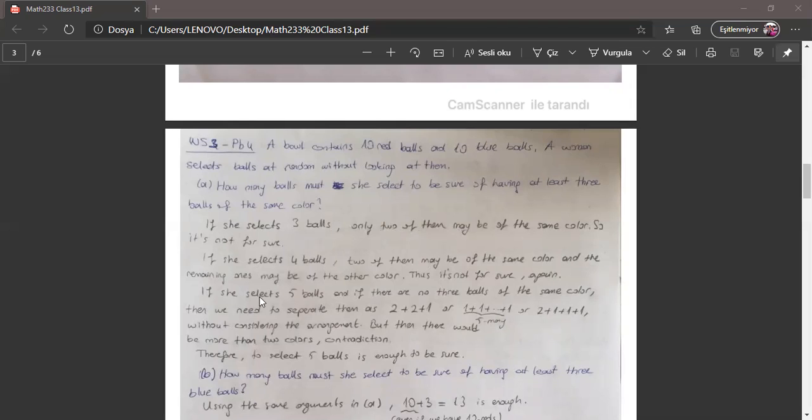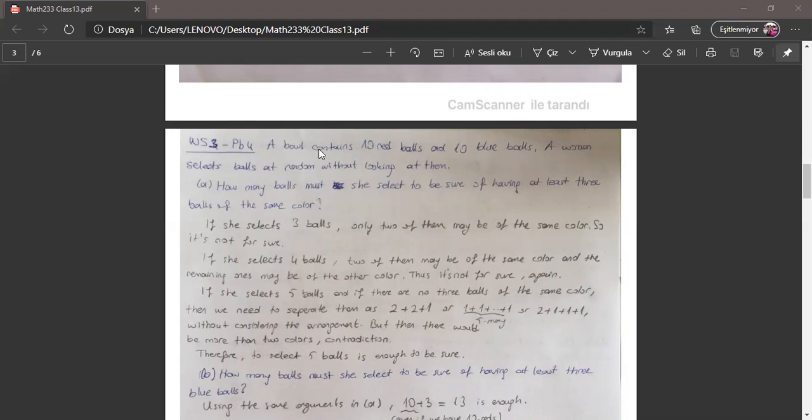But if she selects 5, then there will be at least 3 balls of the same color, because if this is not the case, then we would have either 2 balls of the same color, 2 of another, and 1 more, but this means we have 3 colors.